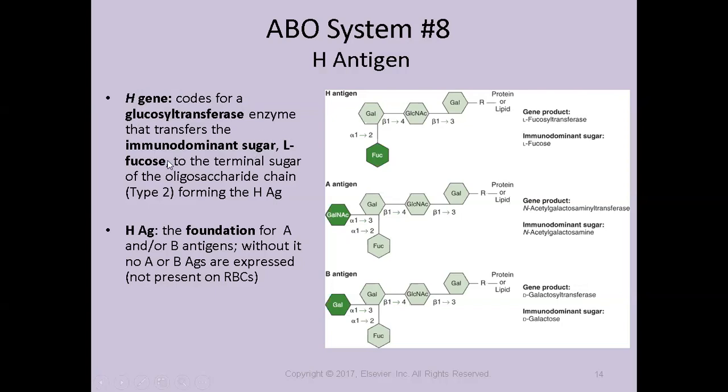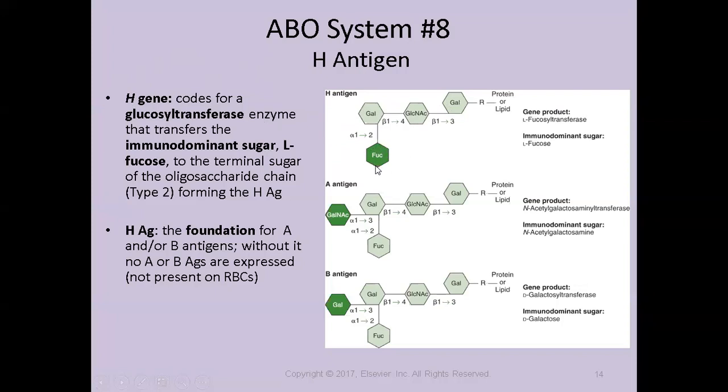Remember, when you inherit the gene, it's coding for an enzyme, and this L-fucosyltransferase is going to take L-fucose sugar and add it to this type 2 oligosaccharide chain. We saw this on the last slide, right? This is our type 2 chain. When you inherit at least this one big H, this enzyme is going to transfer L-fucose here, and so this is the building block.